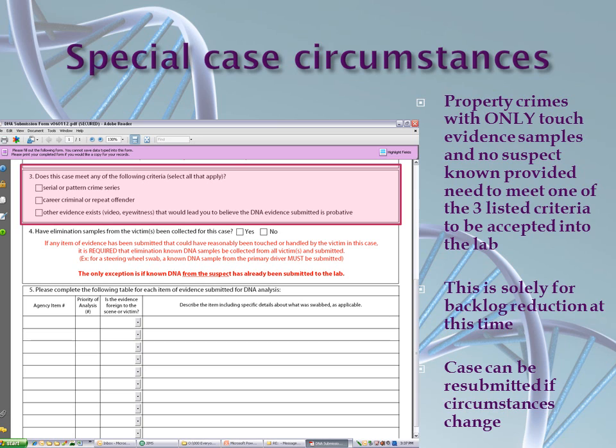This is solely for reducing our backlog and trying to work the most important cases that we can, so that we're able to get to cases. So please mark if one of those applies to your case. If one of these ends up applying at a later date, or a suspect becomes available at a later date and a known is available, then you can always resubmit these cases that get turned back to your agency.